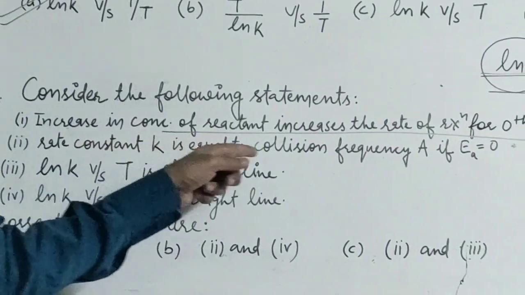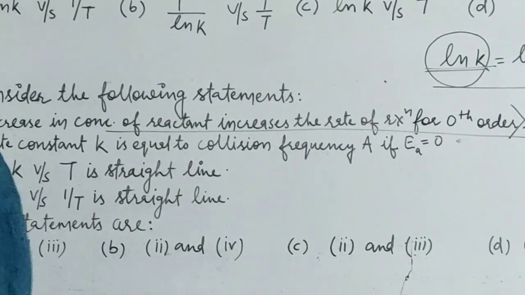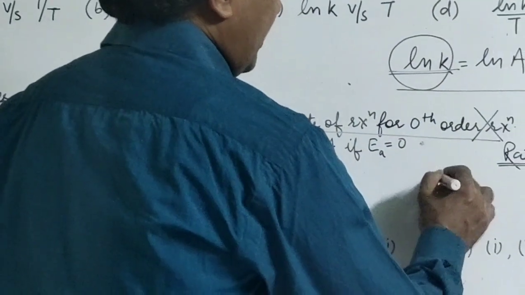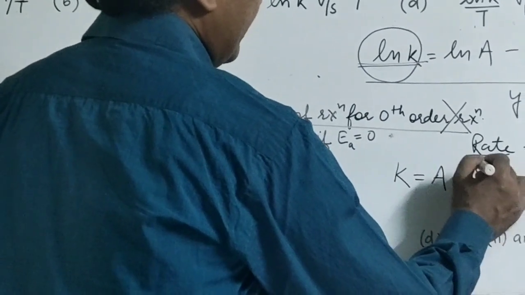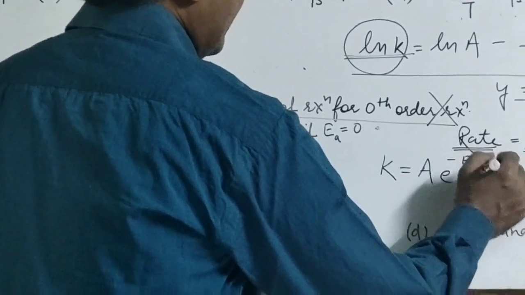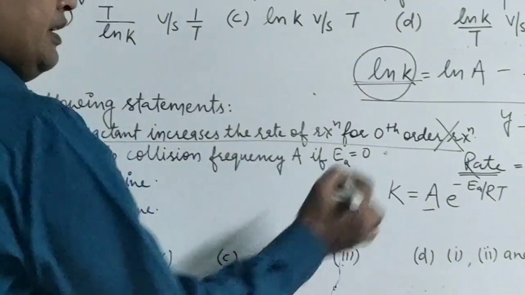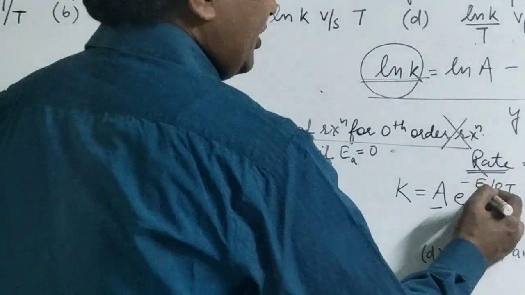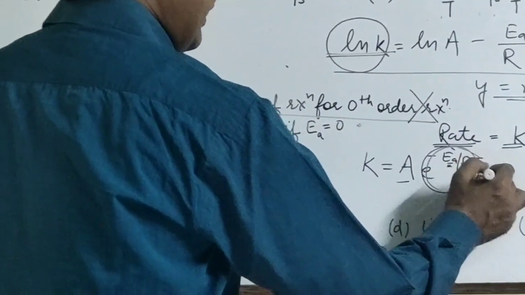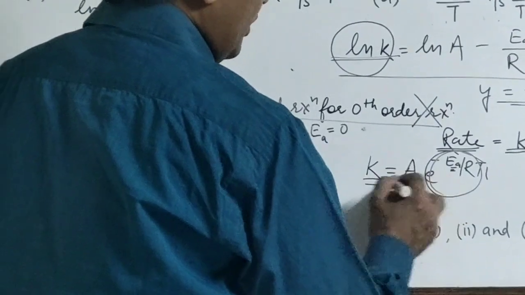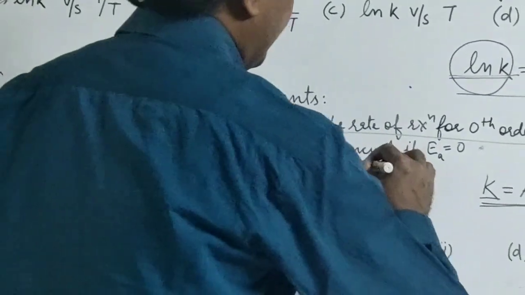Rate constant K is equal to collision frequency A if Ea is equal to 0. From the Arrhenius equation, K is equal to e raised to power minus Ea upon RT into A. So if Ea is equal to 0, it becomes 1 and K becomes equal to A. It means this statement is true.